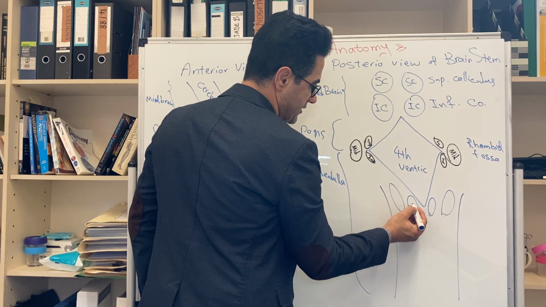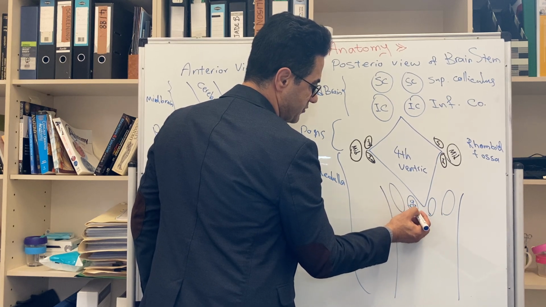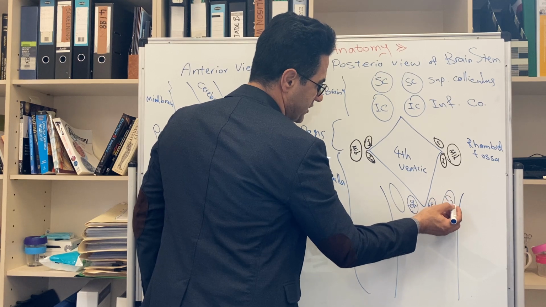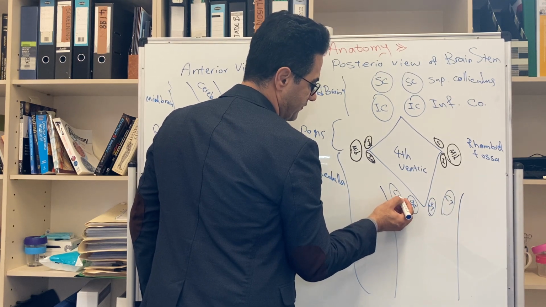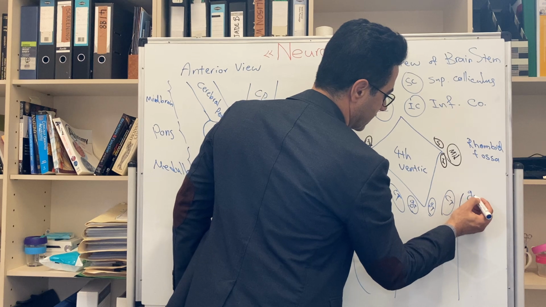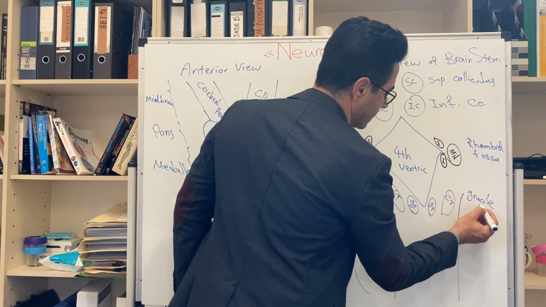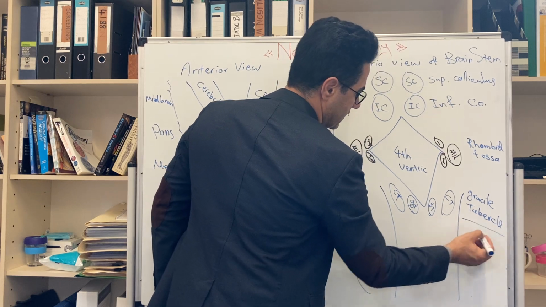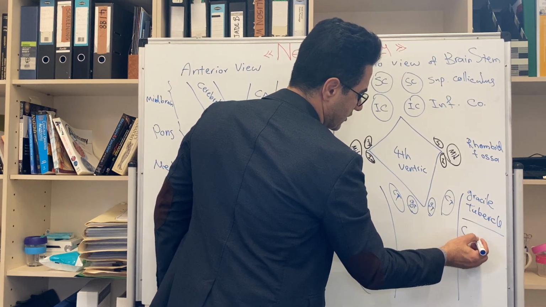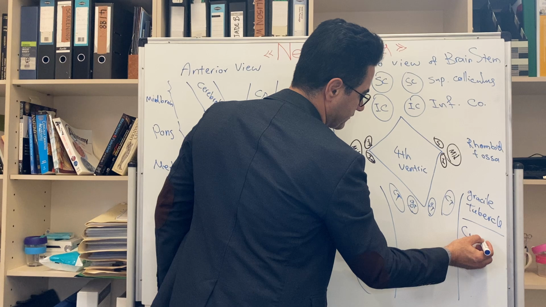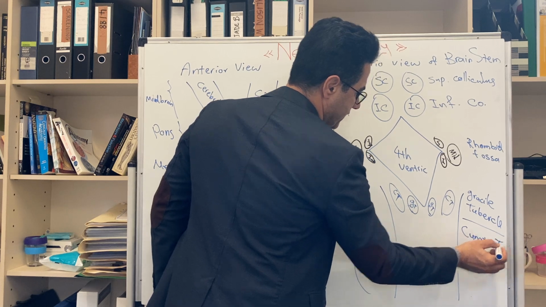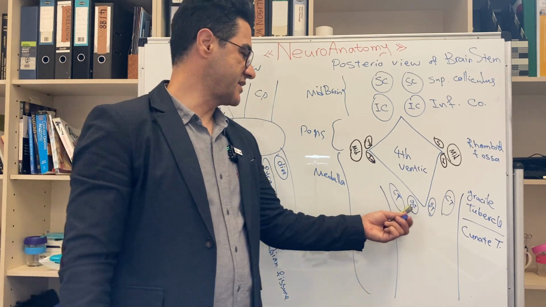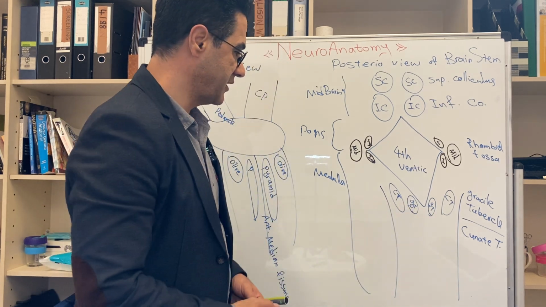Two medial bumps are called gracile tubercle, and laterally we have cuneate tubercle. Gracile tubercle and cuneate tubercle. They contain the same name nuclei, gracile nuclei and cuneate nuclei.